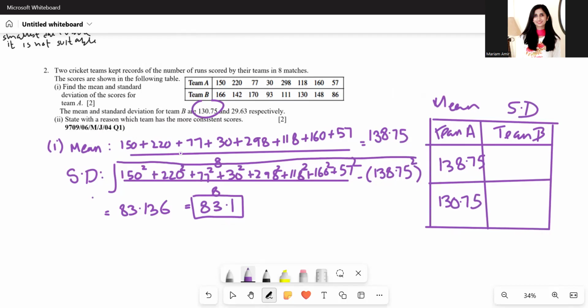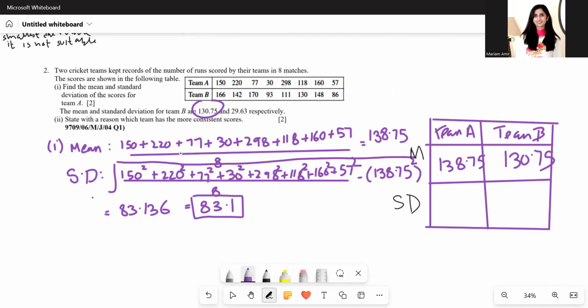Since team A has a better mean, performance-wise, team A did better. Now standard deviation tells us about the spread of the data. Sorry, I was supposed to write the mean here. So the first row is for the mean and the second one is for standard deviation.